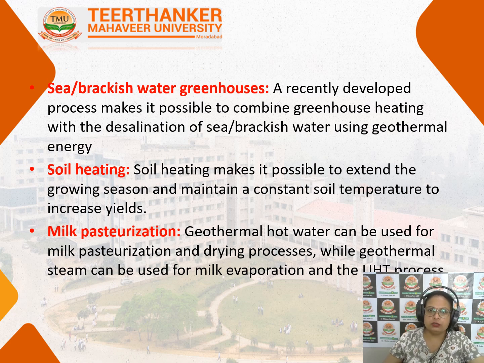Now the sea brackish water is also being recently used for heating the greenhouses for different purposes. The soil heating: the soil is also heated so that a constant temperature is maintained in the soil and the crops can be grown properly in the growing season.